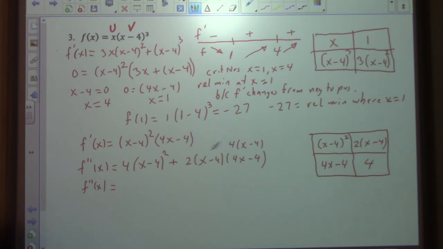So this one here is really going to be 4 (x minus 4) squared plus 4 (x minus 4). How come you can put 4 in there, because there's a 2? Oh, you're right.